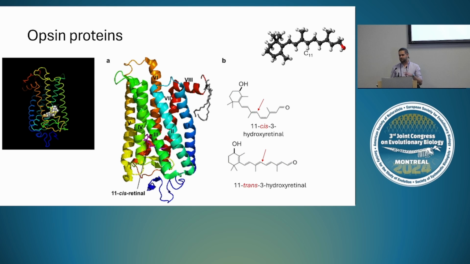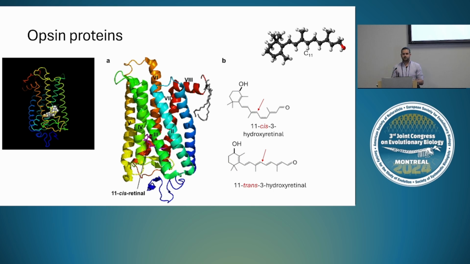Opsins are proteins that are linked to a G protein that will trigger a cascade. They bind a chromophore, usually retinal, which sits inside the protein and makes non-covalent interactions with it.